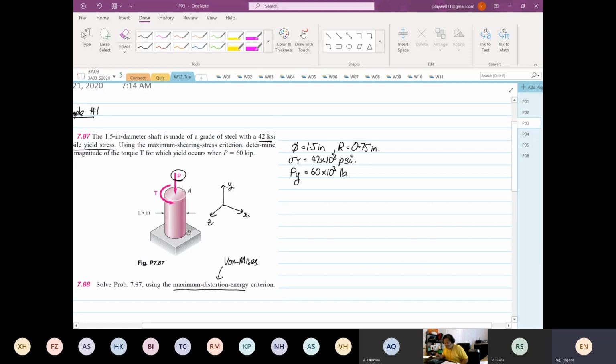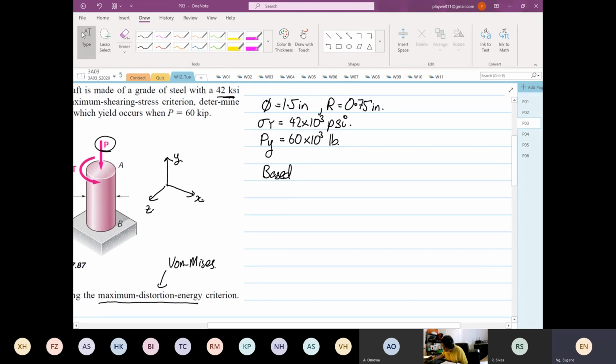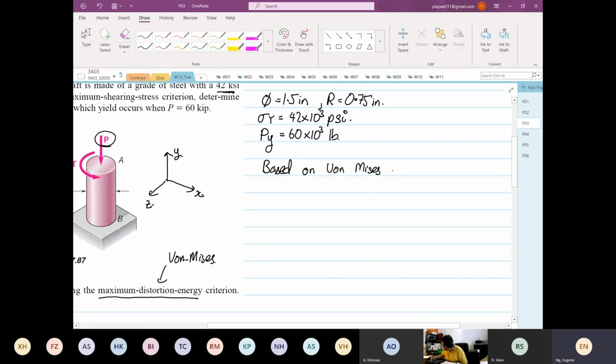Okay, so the first thing that we will do, we're going to base it on von Mises criteria to find what our T, our torque, is.